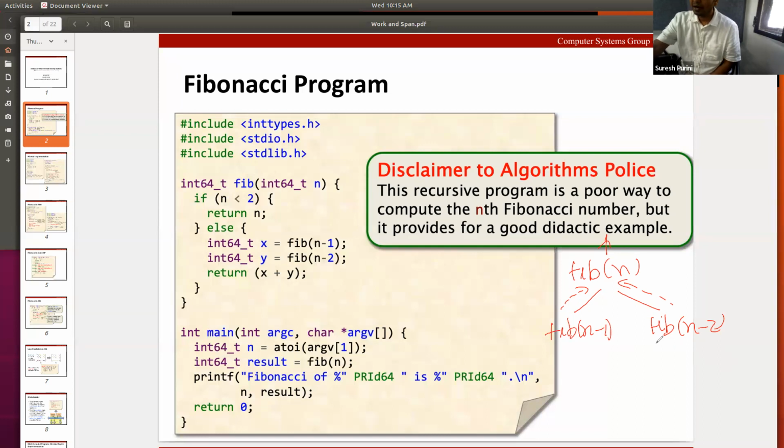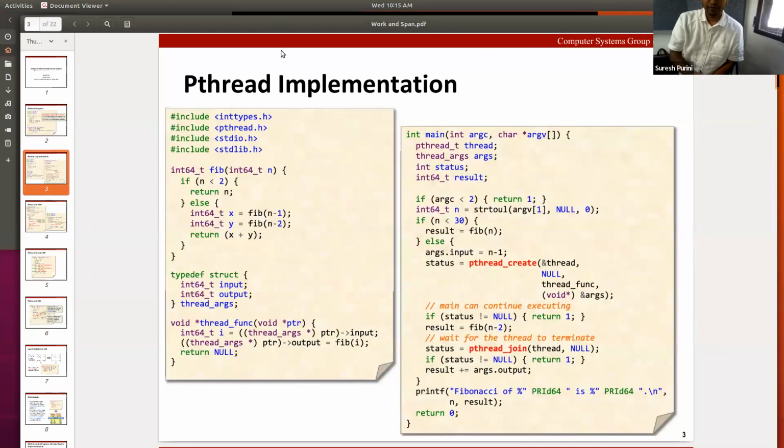If you want to parallelize this basic Fibonacci code using p-threads, then this is the code. Let's not get into the details, because the intent here is not to introduce how to write programs using p-threads. It just shows it's too complex. There's quite a bunch of code that you have to write.